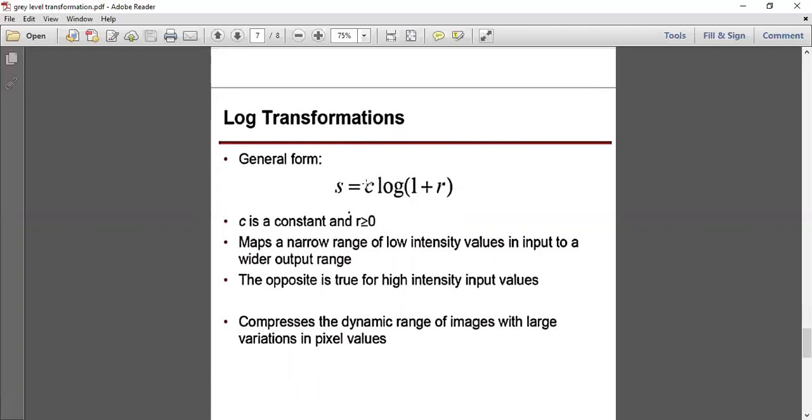This maps a narrow range of low intensity values in input to a wider output range. The opposite is true for high intensity input values. It compresses the dynamic range of images with large variation in the pixel values.